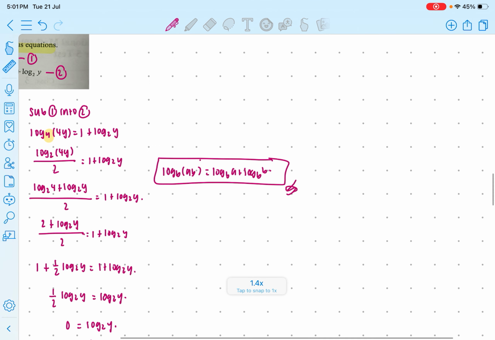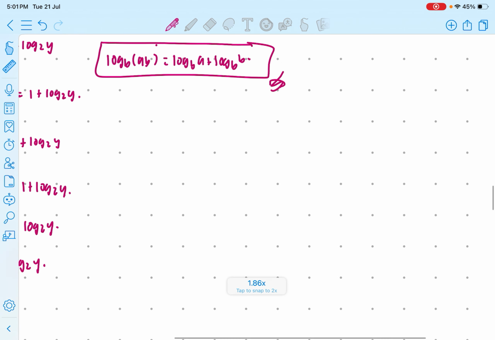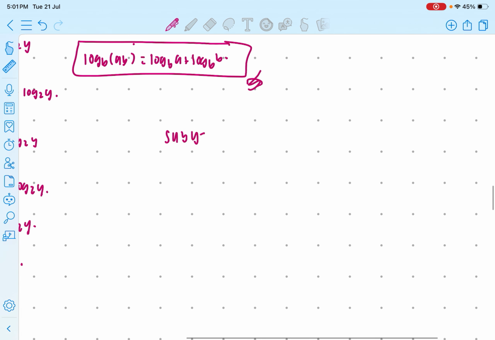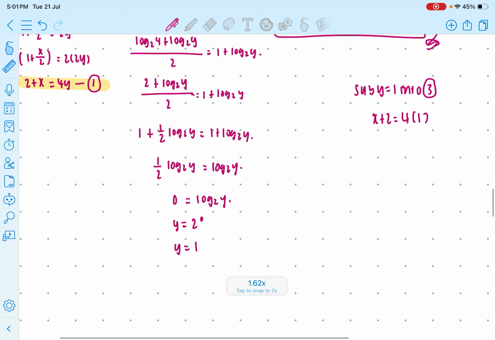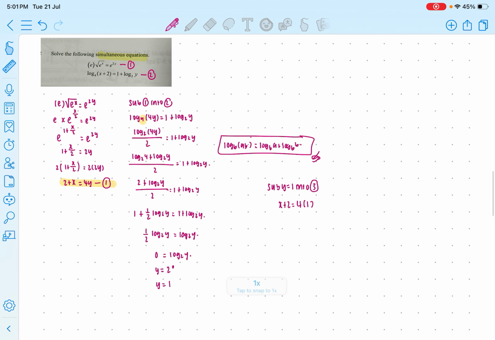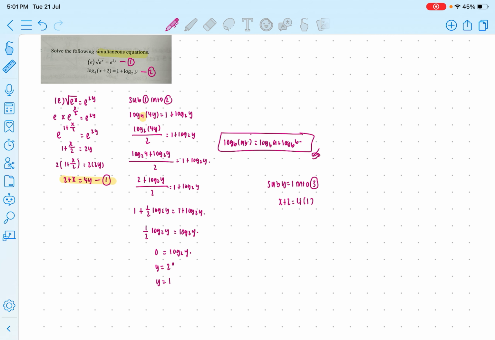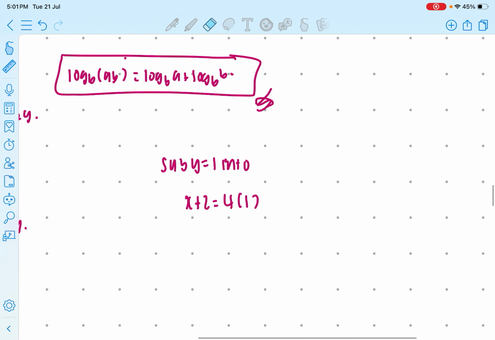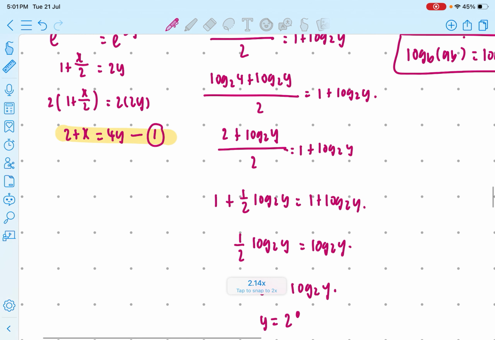So we solve for x now. We substitute y equals 1 into equation 1.